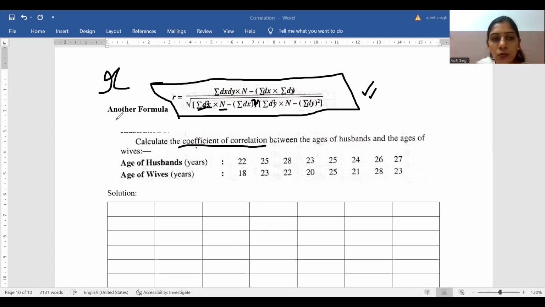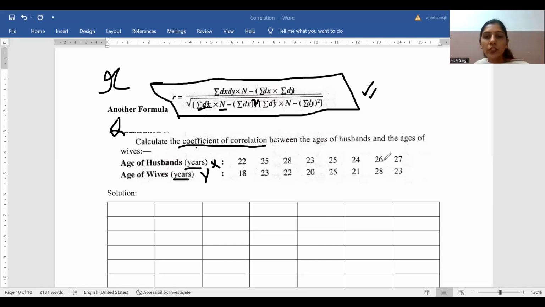So let's do the question. Calculate the coefficient of correlation between the ages of husband and ages of wife. So this is variable x and this is variable y. The ages are given in years. Age of husband is variable x and age of wife is variable y.